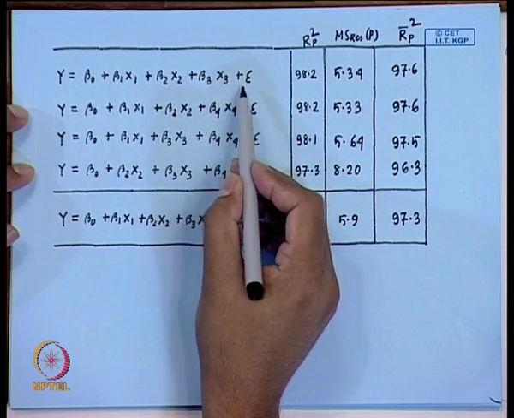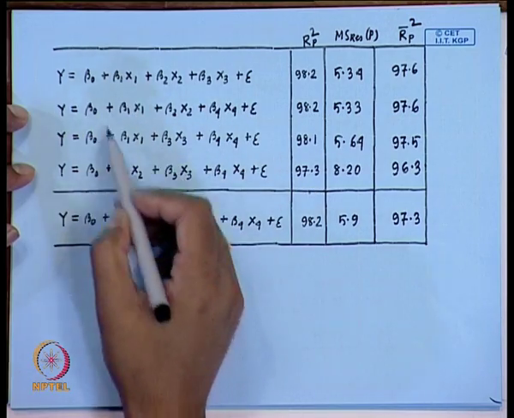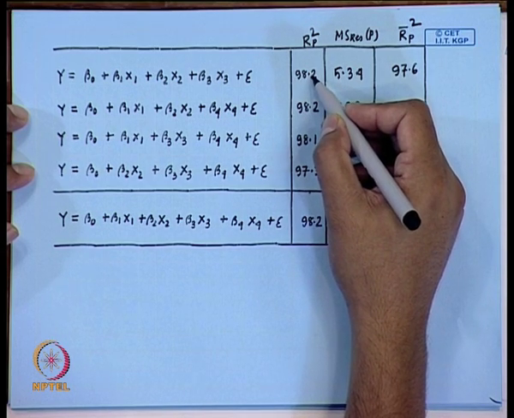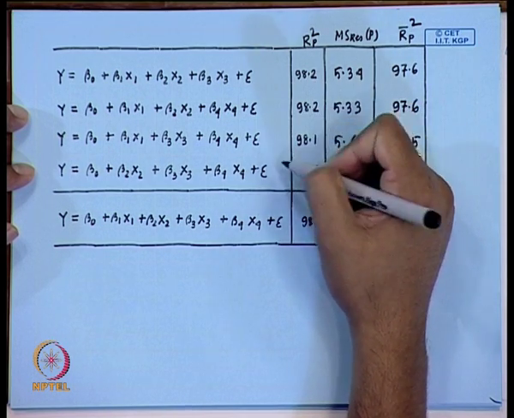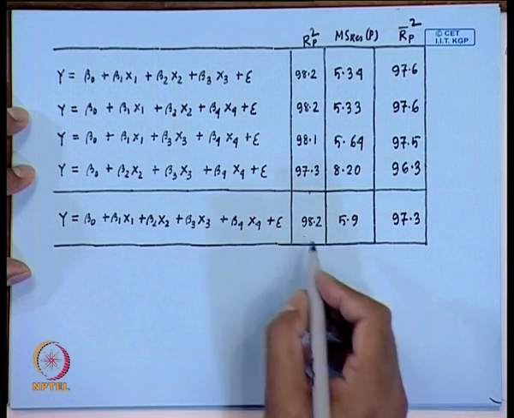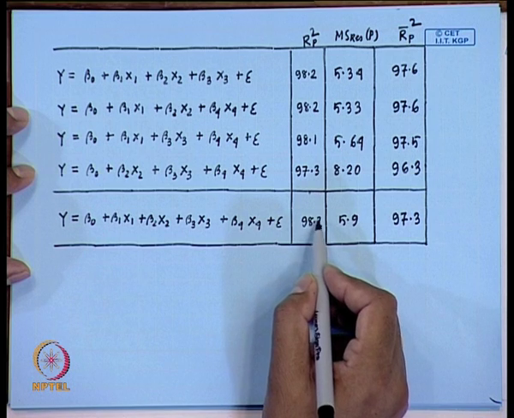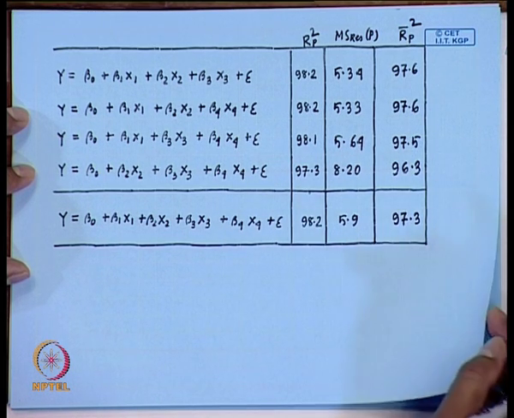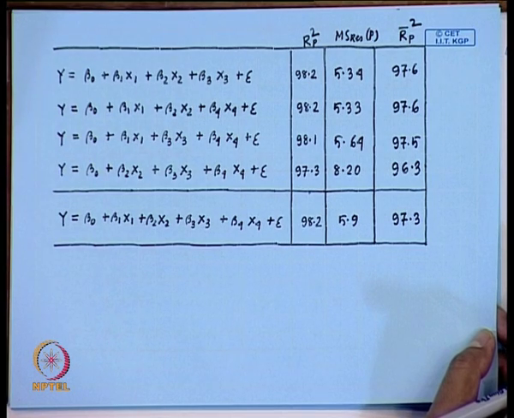Here you have to estimate all the models involving 3 regressors, and you compute the R square value for all the models, and this is the full model which involves all the 4 regressors, and the coefficient of determination is 98.2.